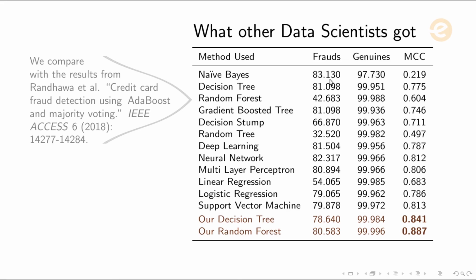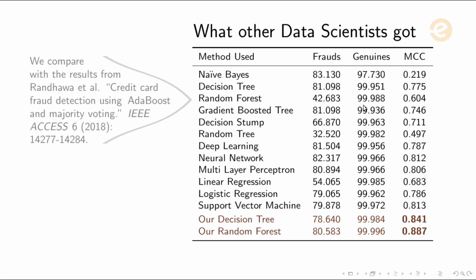The accuracy of detecting frauds goes from 32% to 83%, where naive Bayes got the best accuracy on the frauds, and the random tree got the lowest. And for the genuines, of course, most of them are correctly classified, ranging from 97% to maybe 99.9%.